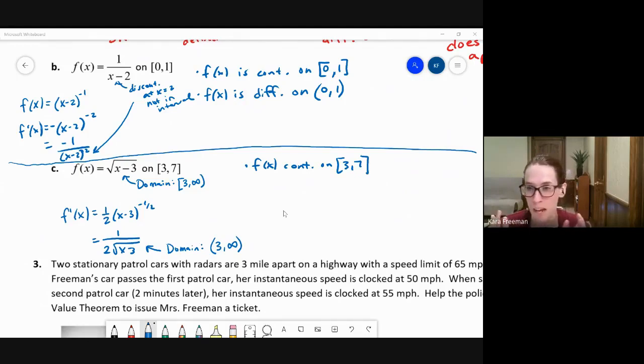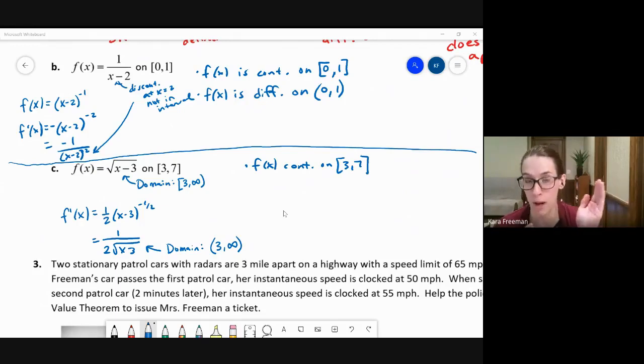See how I wrote out domain, right? So you see the domain in each one. With the derivative, that square root becomes in the denominator, so 3 is no longer in the domain. But exactly what Arjun just said, to be differentiable, you do not have to include the 3. So you see how f prime is continuous on open interval 3 to whatever.